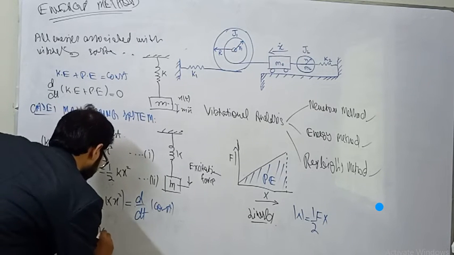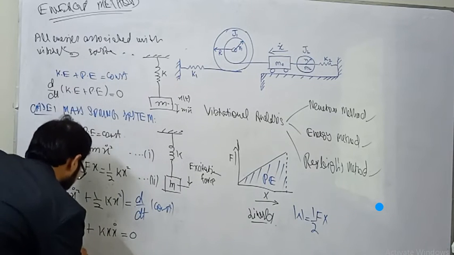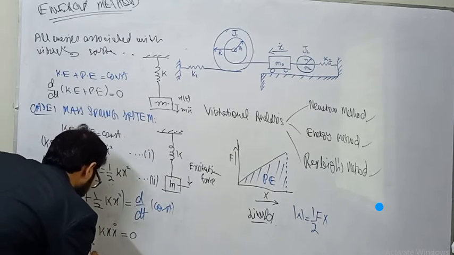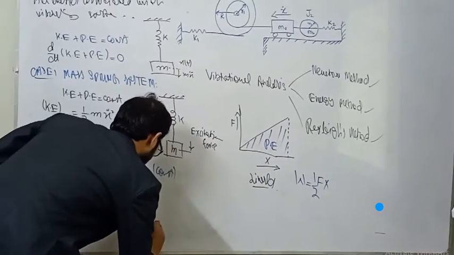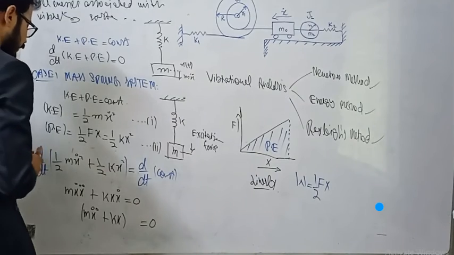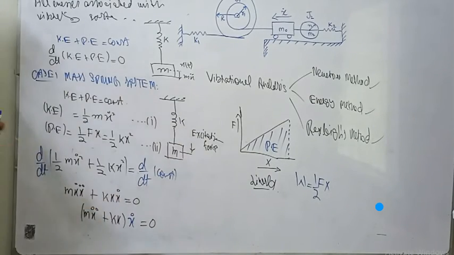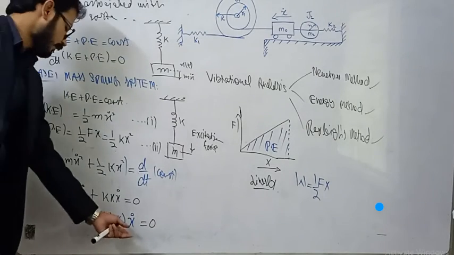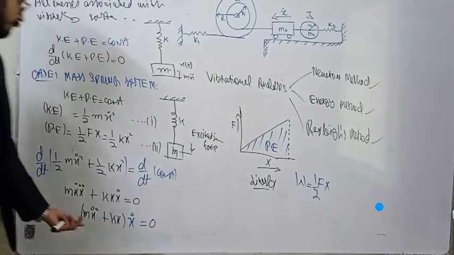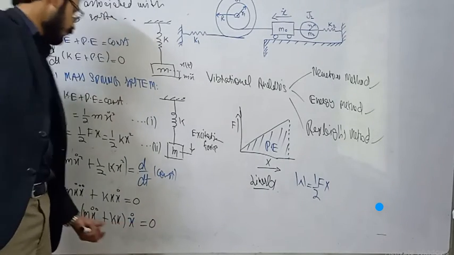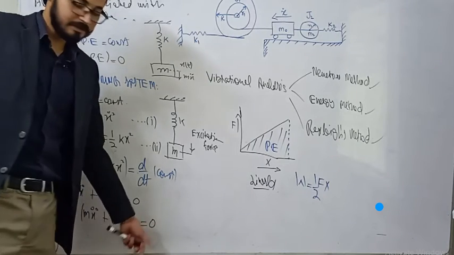So this will be k x x dot, that will equal 0, and we can write it as m x double dot plus k x, taking x dot common. So this is the main product rule. We know that these two terms are coming in product. So (m x double dot plus k x) whole bracket into x dot is equal to 0.